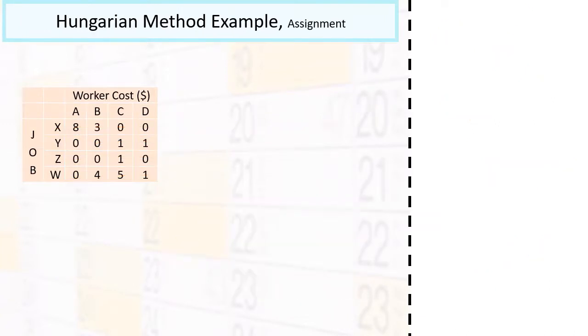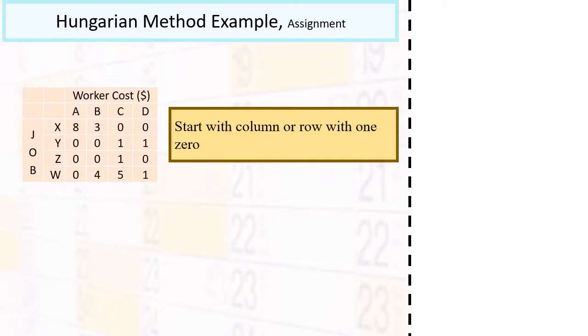So for assignment, we will start with the column or row with 1 zero. The procedure is you have to really pay attention to all the steps, not to mix them around. Here in this case, we're looking for a column or a row with only 1 zero.